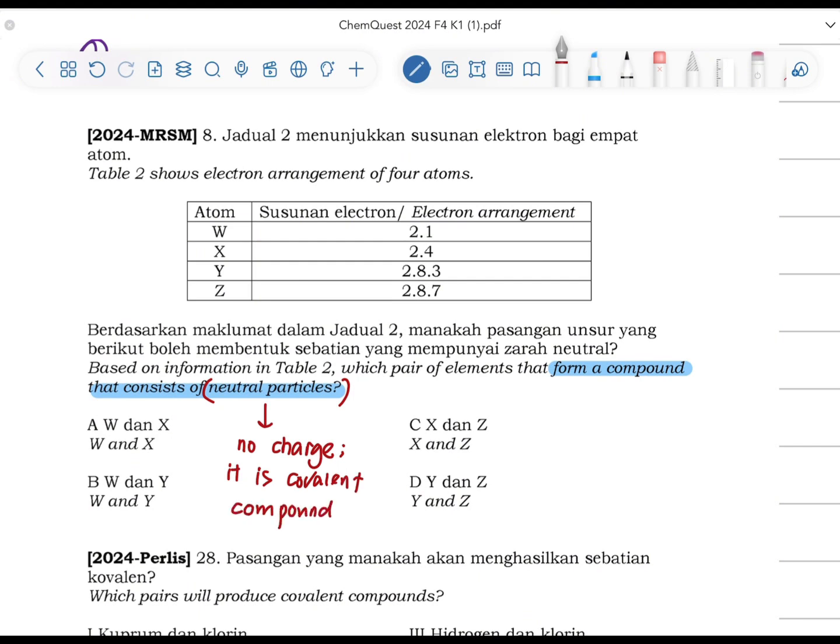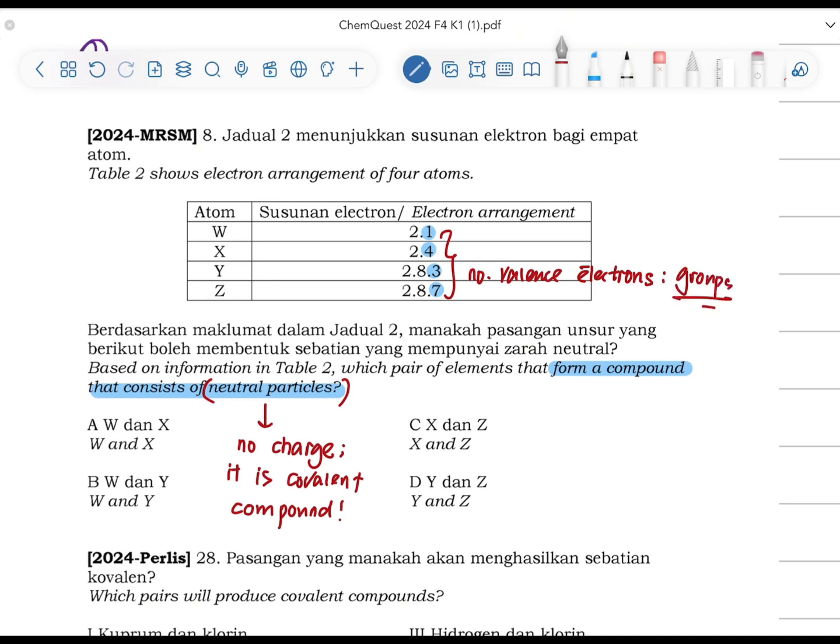A quick tip is that we can just focus on the last number of the electron arrangement, because the last number is the number of valence electrons, and this number tells us what group it belongs to.